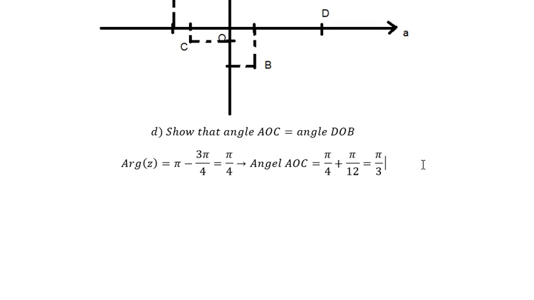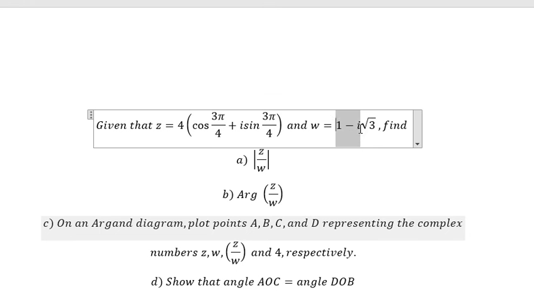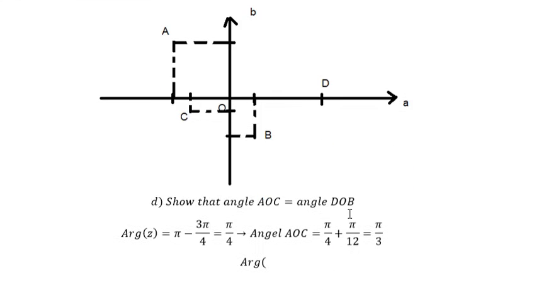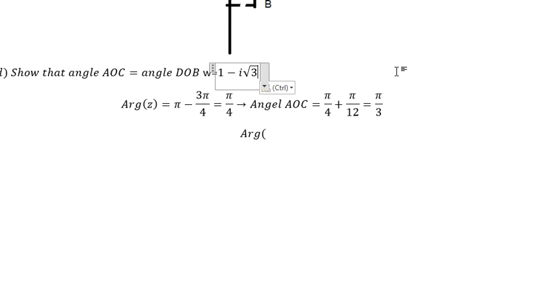Now the last one, we need to find argument of the point P. Point P, that's about this one. We will use about the negative square root number 3 divided by 1.